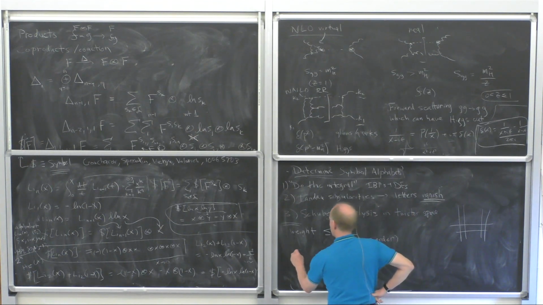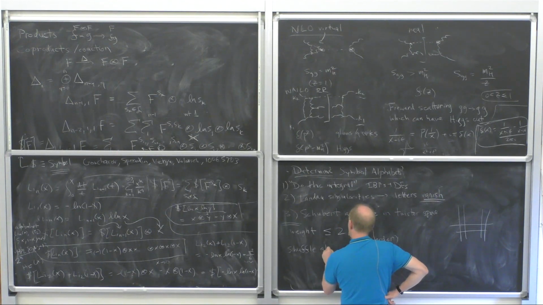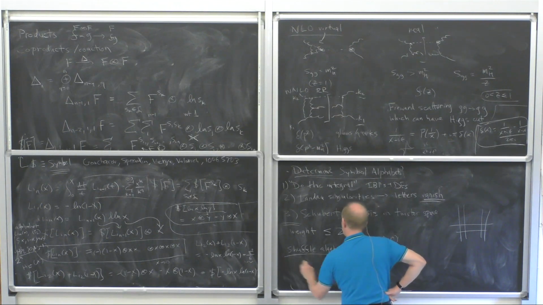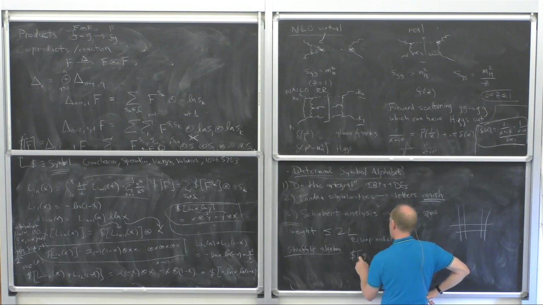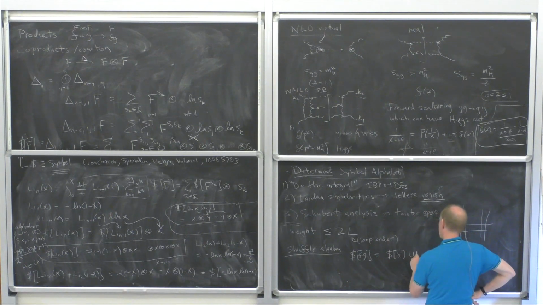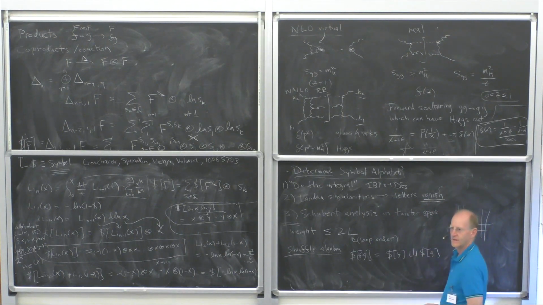Oh, let me just mention one other property of the symbol, which is the shuffle. I mentioned the shuffle algebra operation last time for HPLs, but the general statement is if you have 2 functions, f times g, to get the symbol of f times g, you know the symbol of f and the symbol of g, you can do this shuffle on S_f and S_g.